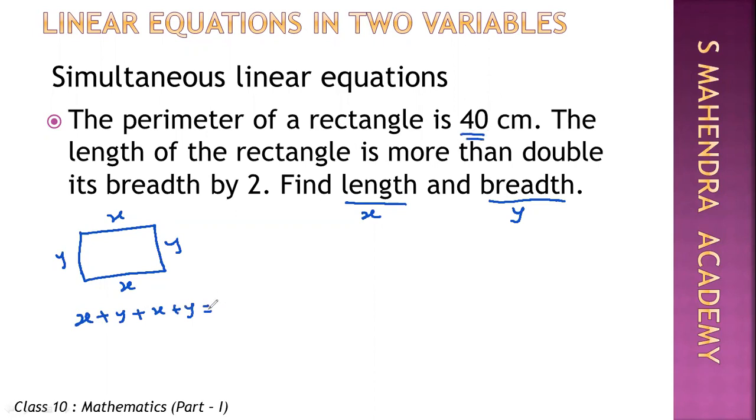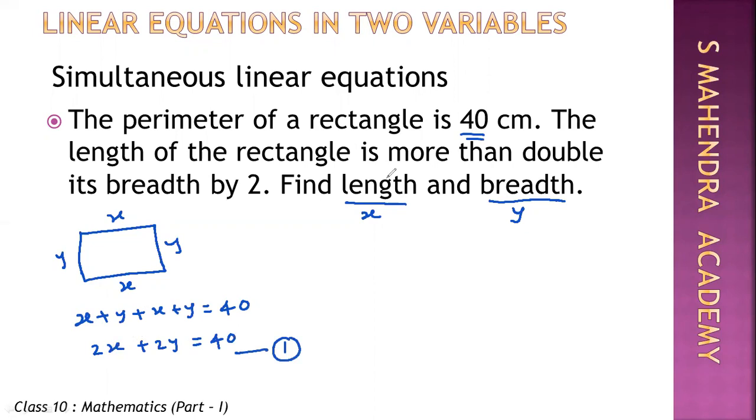So here it is given equal to 40. So the resulting equation will be 2x plus 2y is equal to 40. So this is the first equation, that is linear equation in two variables.